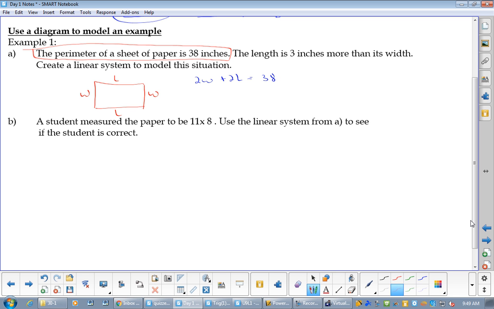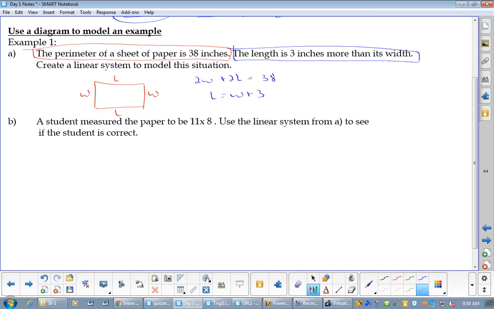I want another equation for this. The length is 3 inches more than the width. This one you got to think about. Okay. L equals W plus 3.